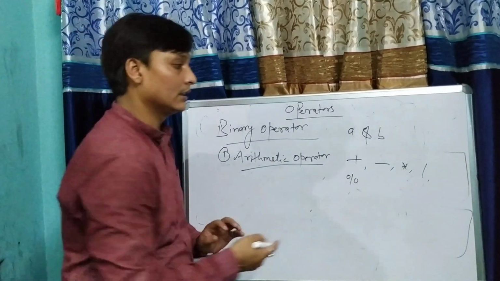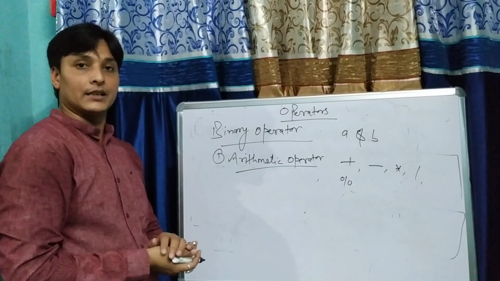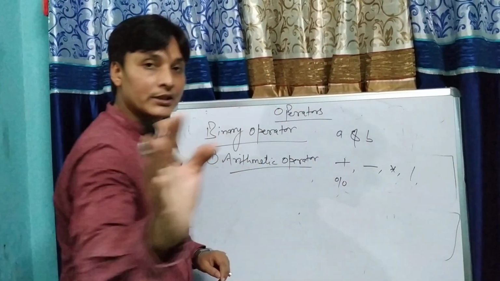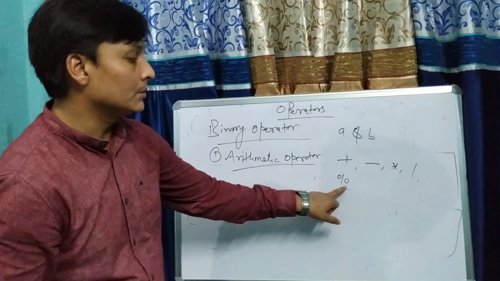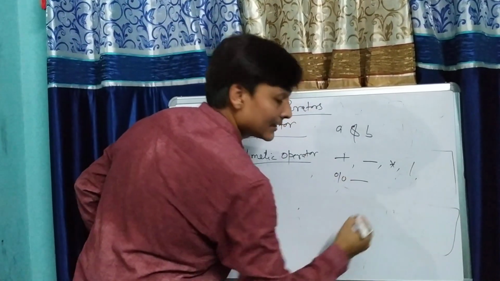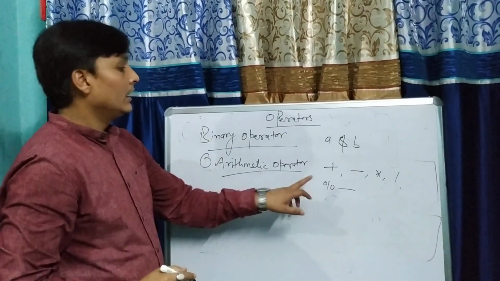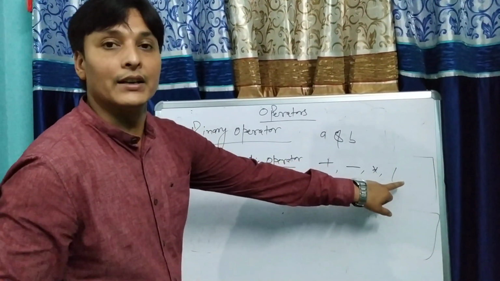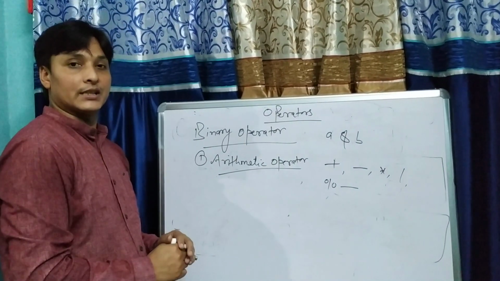I am going to tell you the difference between normal division operator and modulus operator. The difference is that the division operator will give you the quotient while the modulus operator will give you the remainder. The modulus operator returns the remainder, while the normal division operator gives only the quotient.